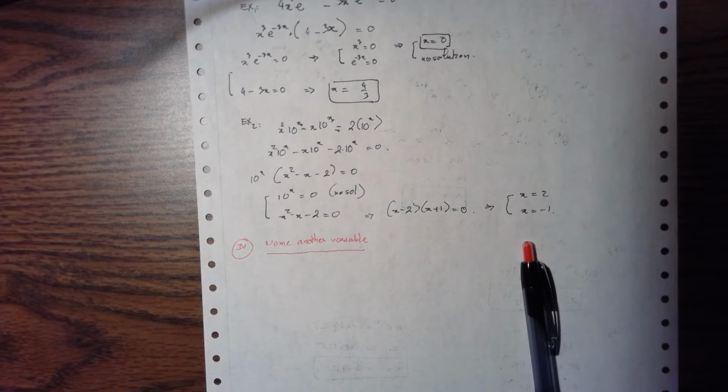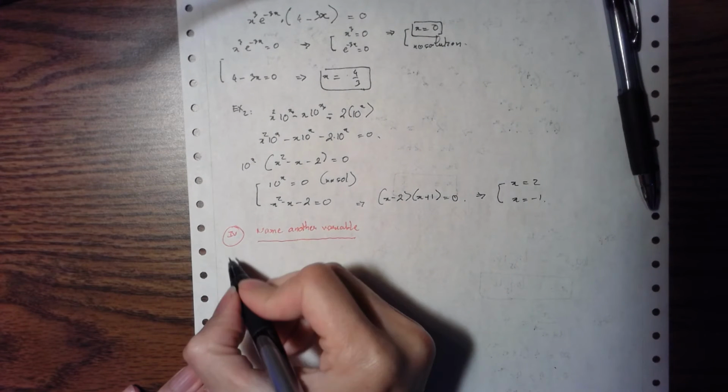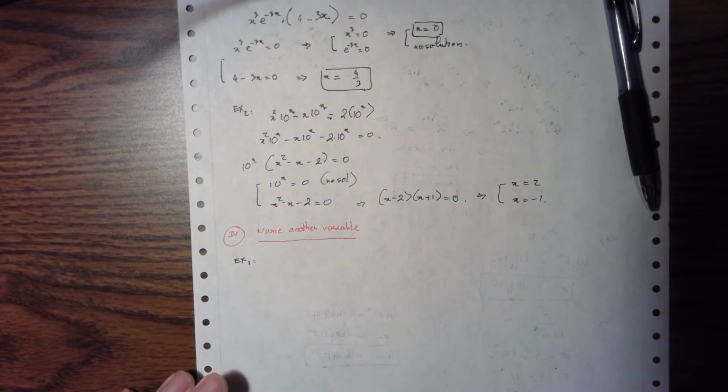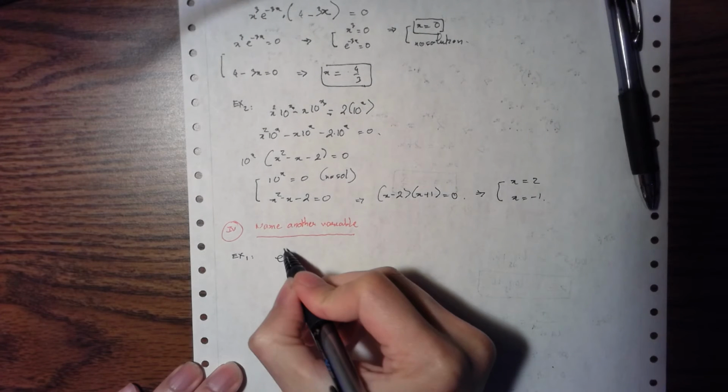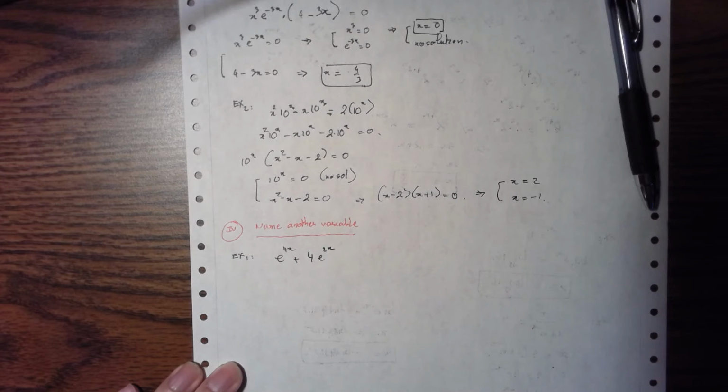Because when you name a variable, you simplify a complicated equation to a simpler equation. Okay, for example, what if I have e to the 4x plus 4e to the 2x minus 21.